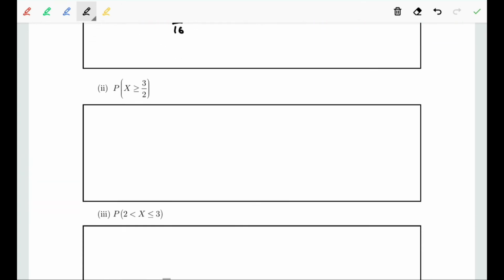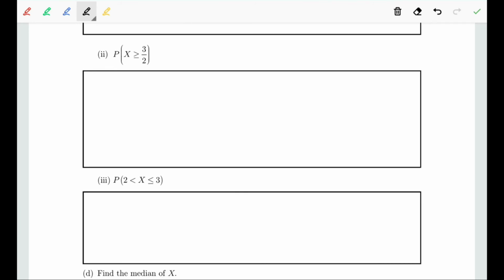Then we're going to go for the second one, X greater than or equal to 3 over 2. The sign here, the question asks for greater. In order to use the capital letter F, which is the CDF, we have to make some rearrangement.